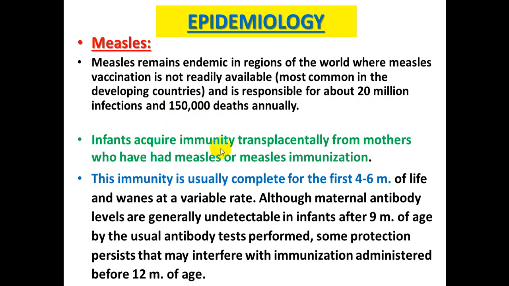Infants acquire immunity transplacentally from mothers who have had measles or measles immunization, and this immunity is complete for about 4 to 6 weeks of life, but then it starts to decrease, and it is generally undetectable in infants after 9 months of age, but some protection may persist that may interfere with immunization administered before 12 months of age.